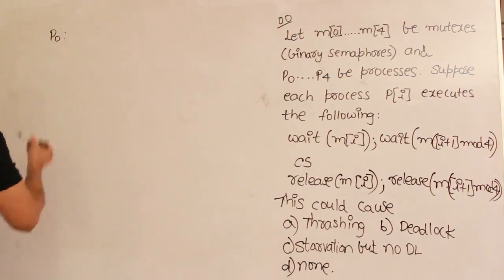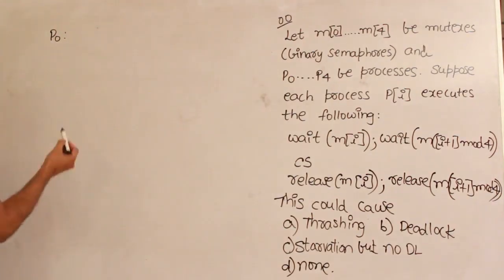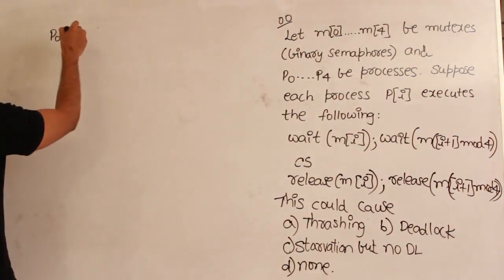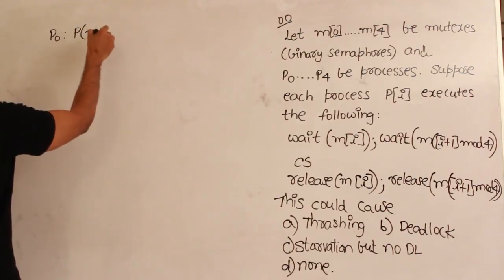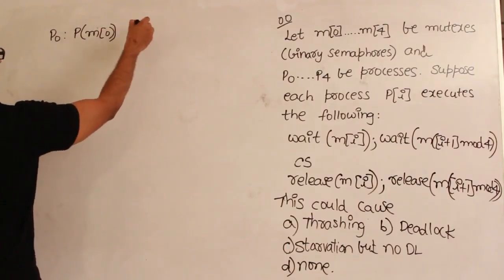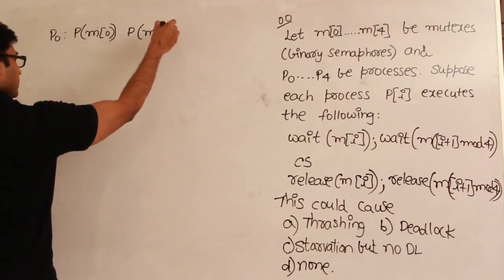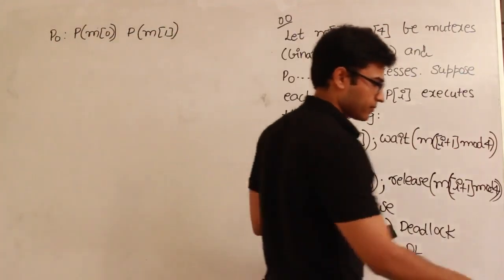P0 is going to wait on Mi and M(i+1) mod 4, which means P0 is going to perform a down operation on M0, and then a down operation on M1. So P0 wants these two, M0 and M1.